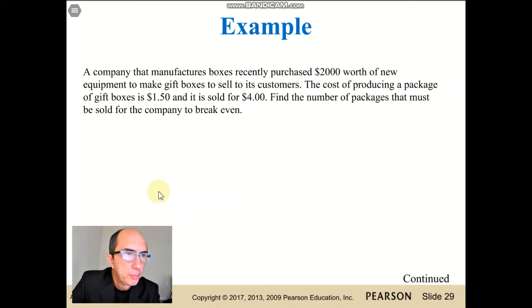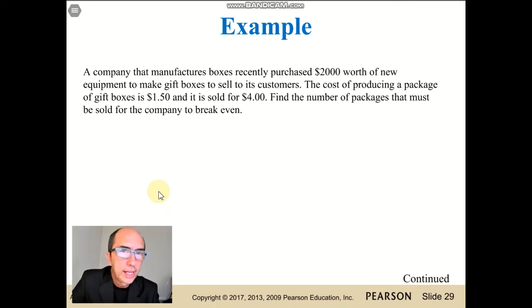A company that manufactures boxes recently purchased $2,000 worth of new equipment to make gift boxes to sell to its customers. The cost of producing a package of gift boxes is $1.50, and it is sold for $4. Find the number of packages that must be sold for the company to break even.